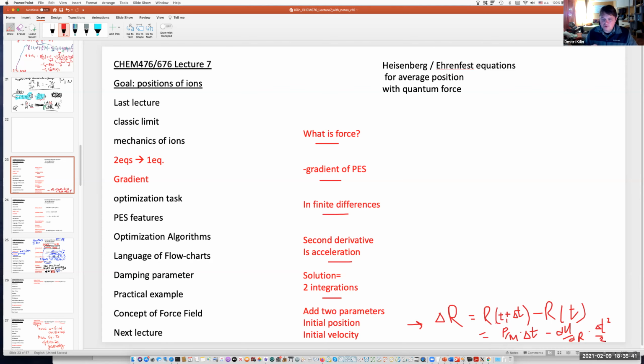So by practicing this equation in finite differences, we will be able to predict how much position, how much interatomic distance, will change if we look forward in time for the time increment delta t.